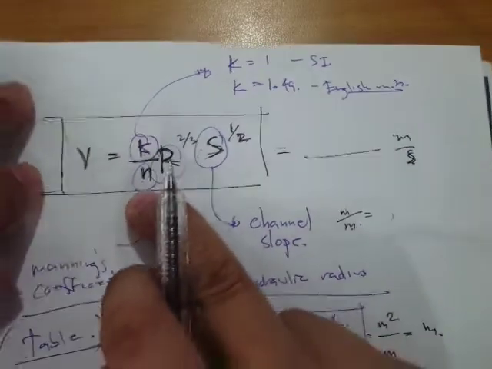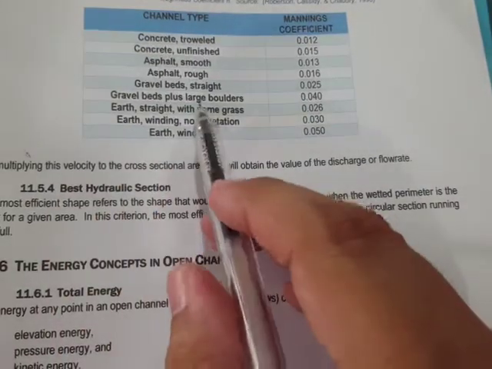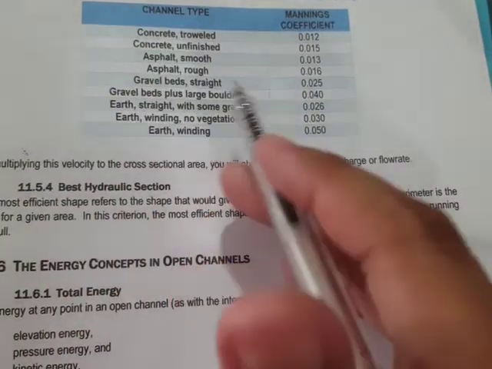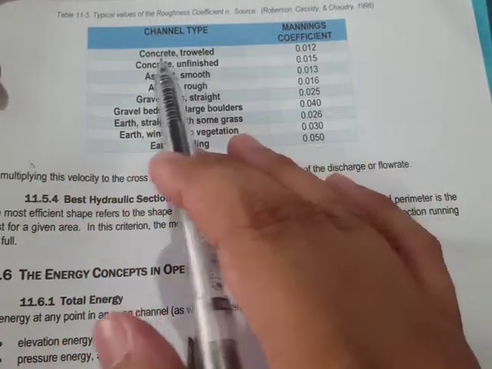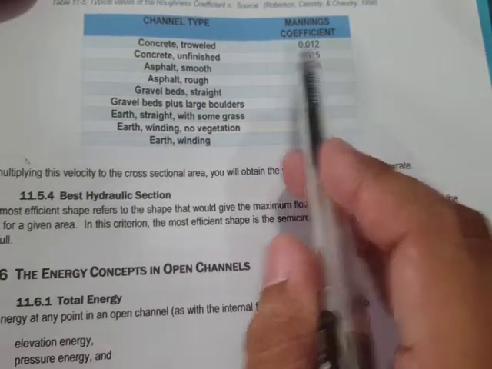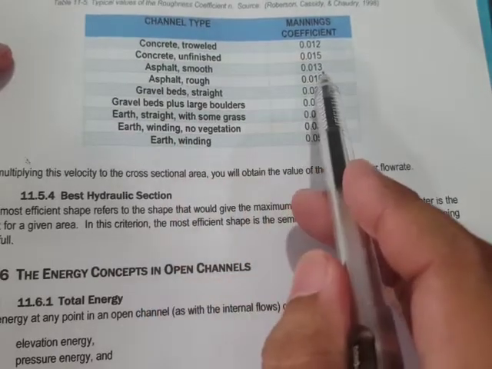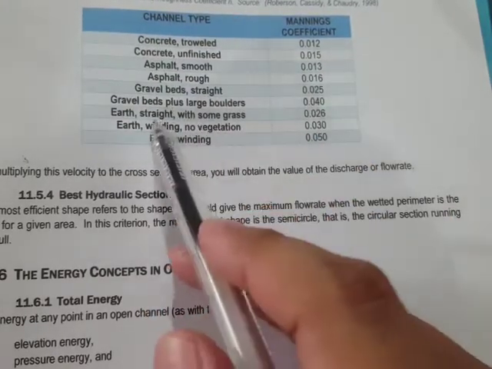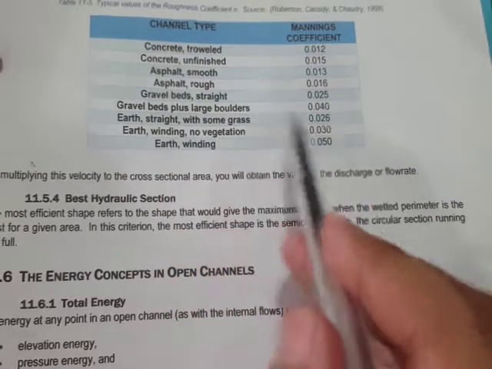Right, this n, that's the Manning's coefficient, and that depends upon the type of channel or the material in the channel. So right here in table 11-1 of our lecture handouts, if it's concrete, then the Manning's coefficient is 0.012. If it is smooth asphalt, then it is 0.013. If it's just an earth or gravel bed plus large boulders, then this is 0.04.